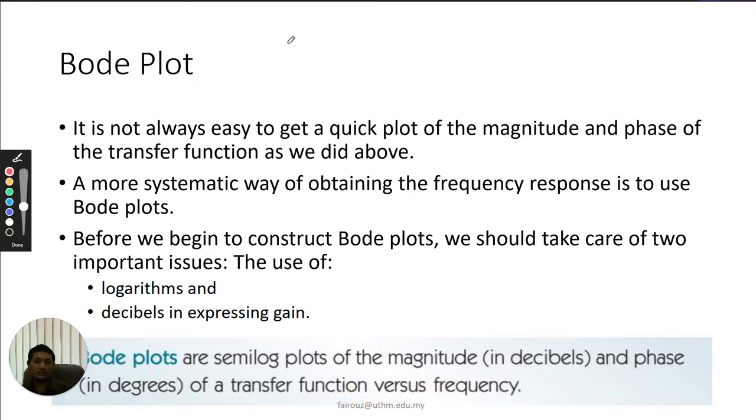So in other words, in the Bode plot, this is the frequency, and this is the magnitude in decibels. The frequency axis is in log scale, and this will be in linear scale.